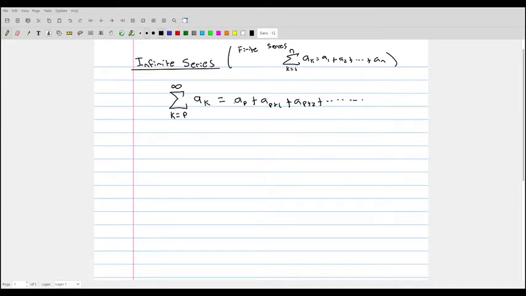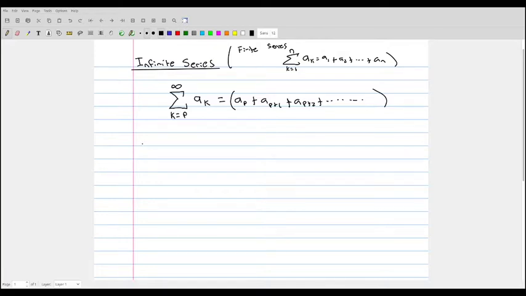It just keeps going. And initially, this poses a pretty severe problem for us in terms of actually defining whether this makes sense or not.